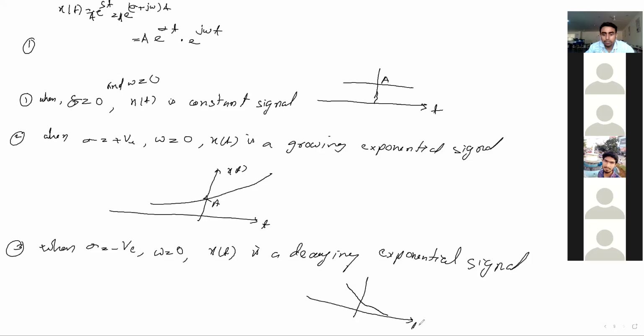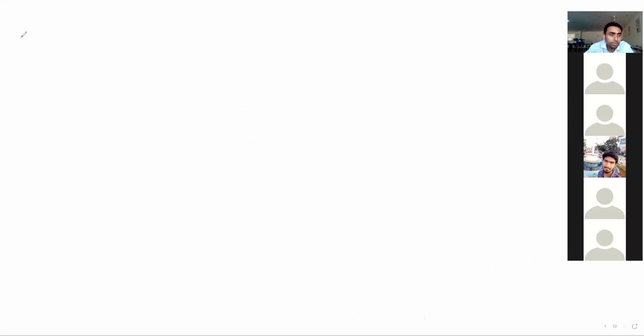This is t, this is x(t), and the point where the curve touches the y-axis is the amplitude A. These are three properties, and there are three more waveforms remaining.